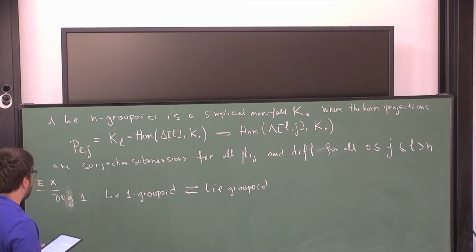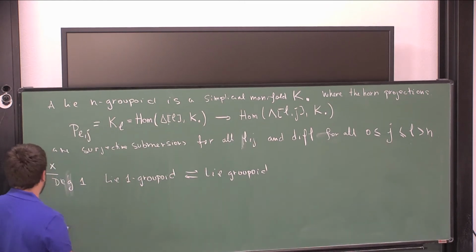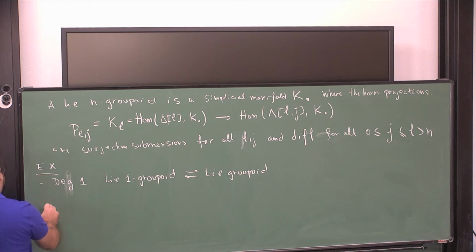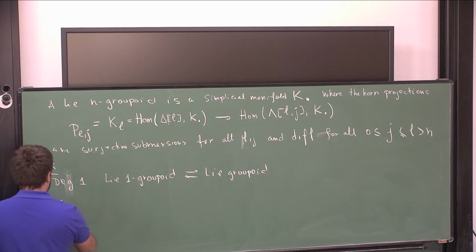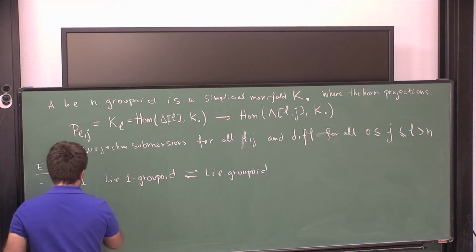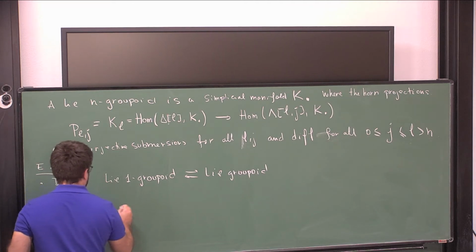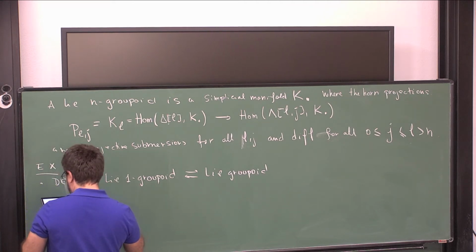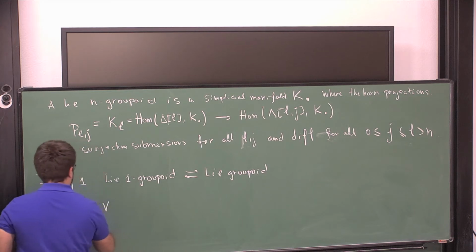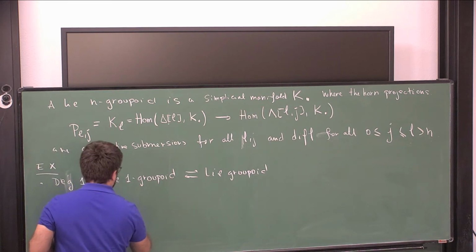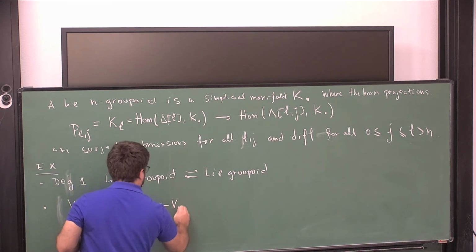Let me just give another example of a higher object. Suppose that I have a graded complex of vector spaces concentrated up to degree n.